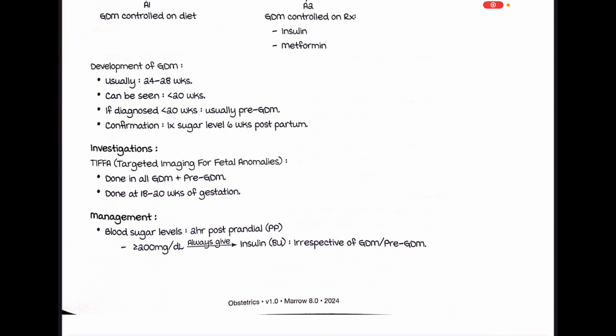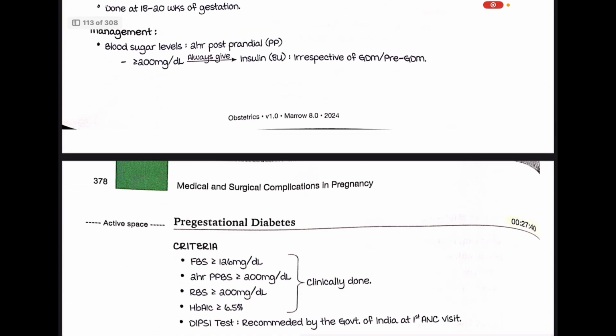Management: blood sugar levels 2 hours postprandial more than 200 milligram per deciliter, always give insulin 8 units irrespective of gestational diabetes or pre-gestational diabetes.